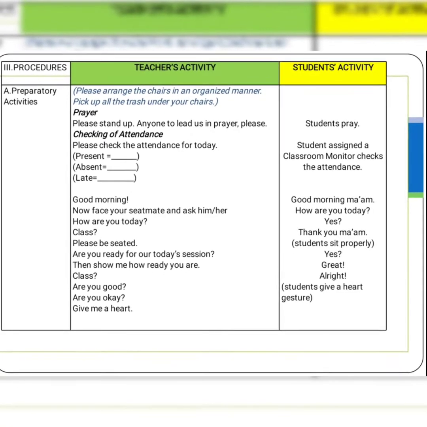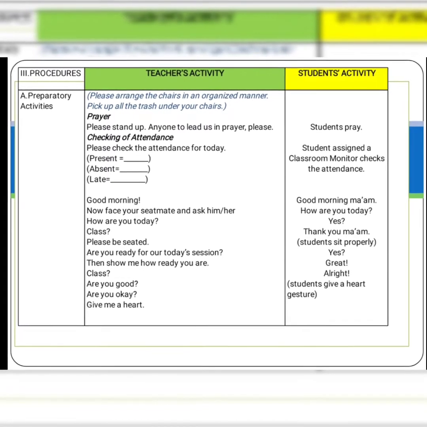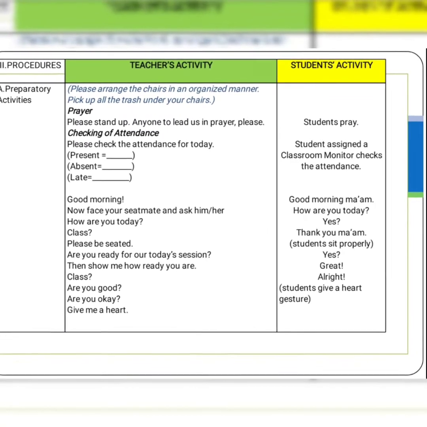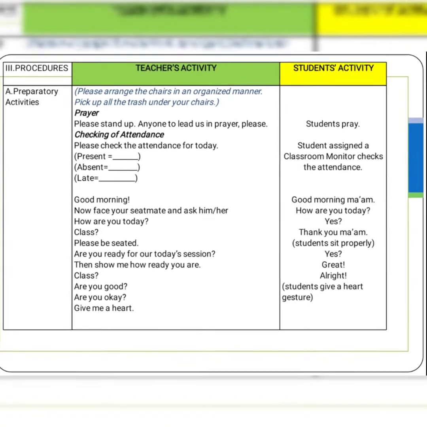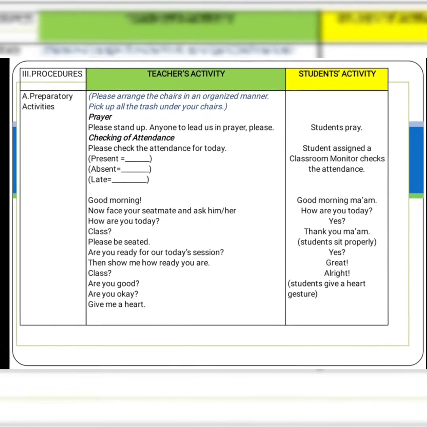We'll begin with preparatory activities. So you have to make sure that before you begin your lesson, everything is organized, everything is in order, your classroom environment is okay, and your students are okay.